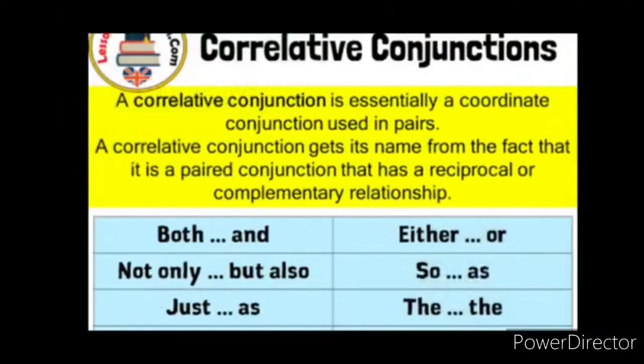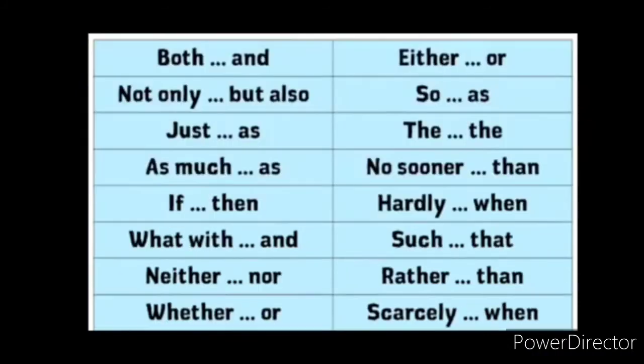And as I told you before, correlative conjunctions are conjunctions that are used to join similar groups, and they are used in pairs. So correlative conjunctions are always used in pairs. So be clear on this, children. And it is a paired conjunction that has a reciprocal or complementary relationship. It shows some relationship between each other.